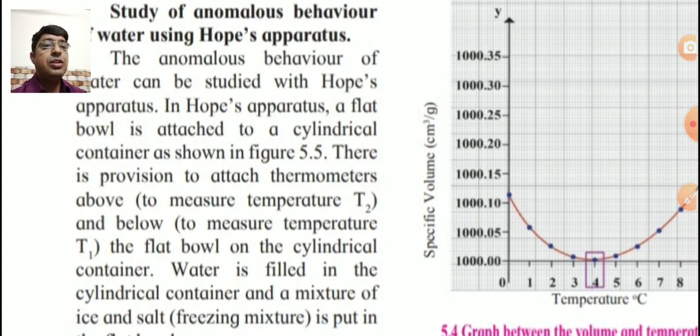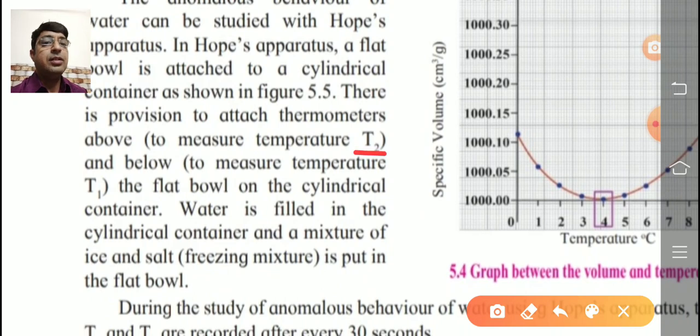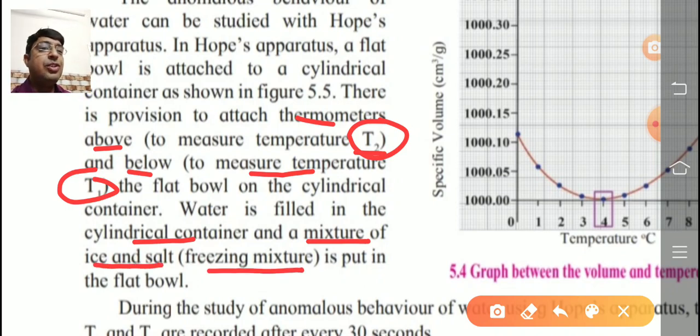There is a provision to attach a thermometer above to measure temperature T2, and below, one more thermometer is fixed to measure temperature T1. Water is filled in the cylindrical container, and a mixture of ice and salt, called a freezing mixture, is put in the flat bowl.